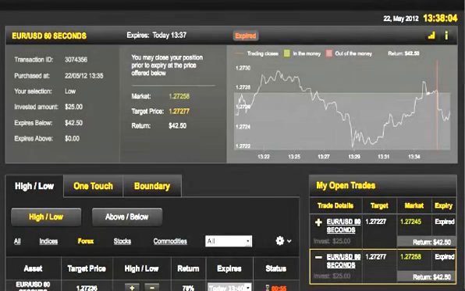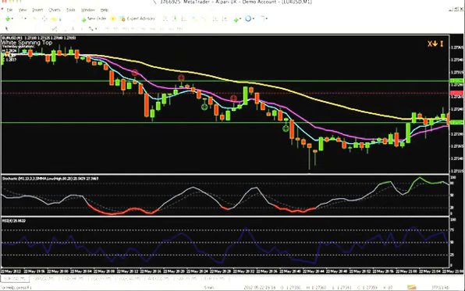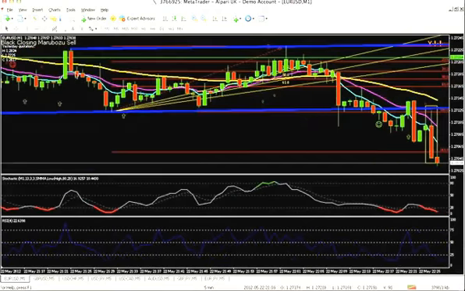So basically right here, as you can see, the price was falling off on the Euro USD. This is a 1 minute chart. It's falling down here, and then it begins to channel. I also saw that it had dropped below this Fibonacci pivot line that had been plotted using the wonderful Fibonacci pivot indicator. And so I figured that it was probably going to go back up because it always likes to try and retrace.